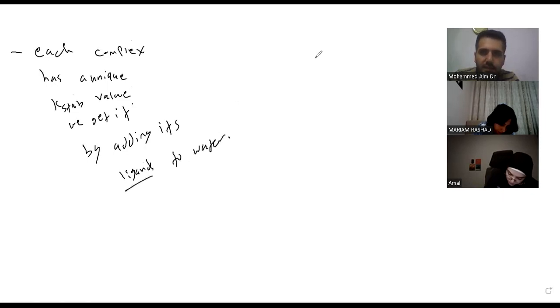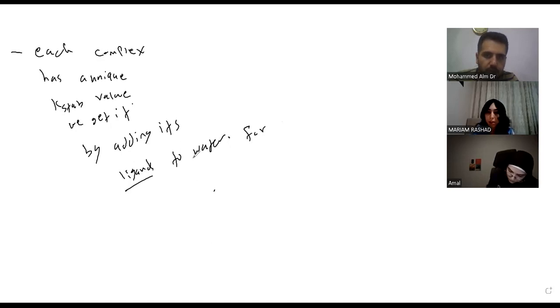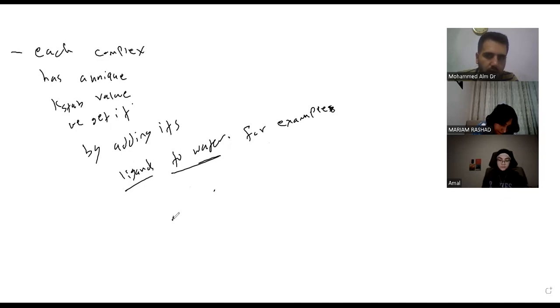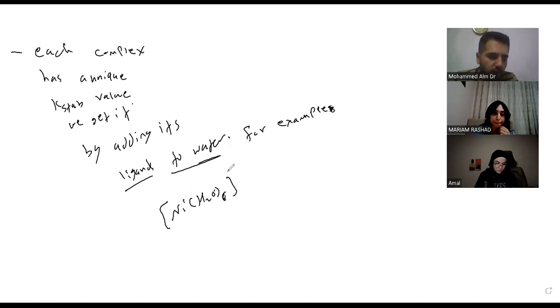What do you mean by ligands, guys? Any idea? Yeah, we took that. Ligands are things that donate a lone pair of electrons to make a dative covalent bond with the transition element.